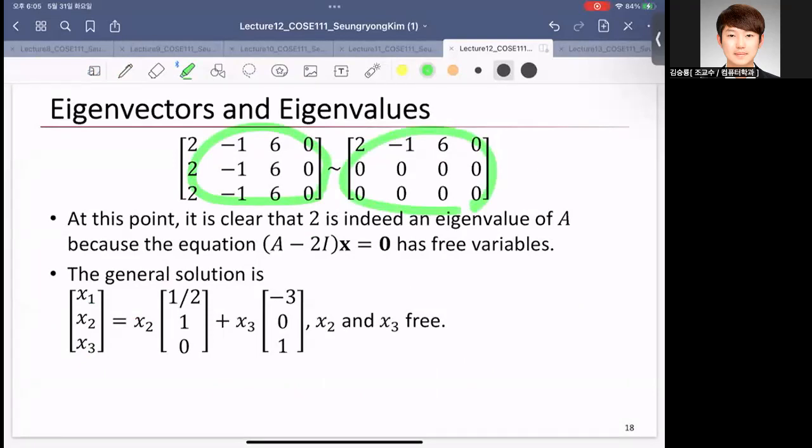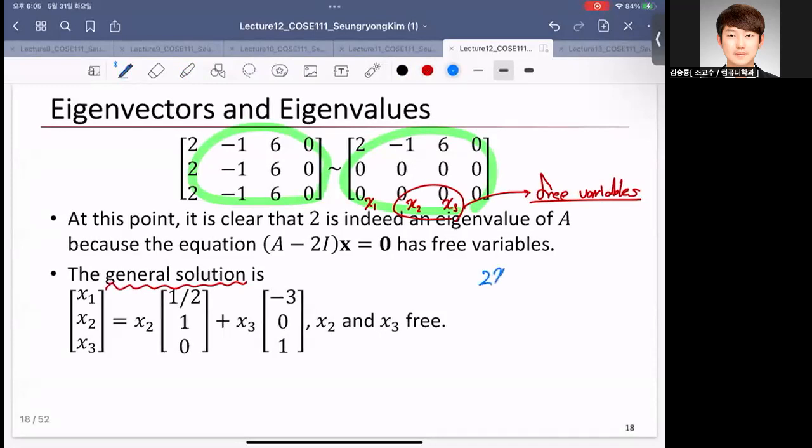At this point, let's suppose that x1, x2, and x3 are here. x2 and x3 are free variables. Then we already know the general solution of this case. 2x1 minus x2 plus 6x3 is equal to 0.